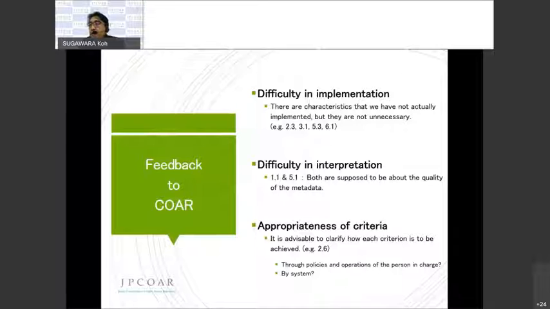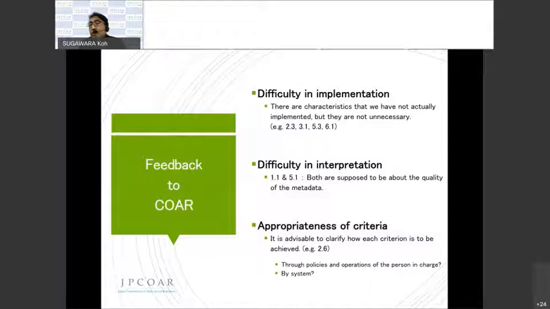Finally, the third feedback relates to the appropriateness of the criteria. The operation of a repository is influenced by several elements: by staff, by system, by metadata, by institutional policies, and so on.